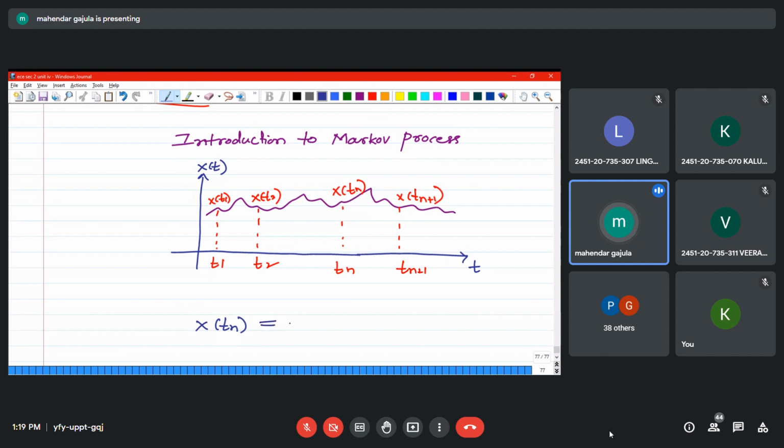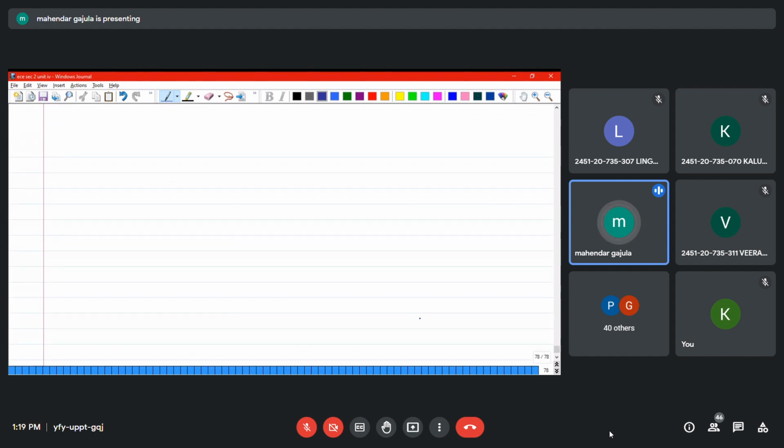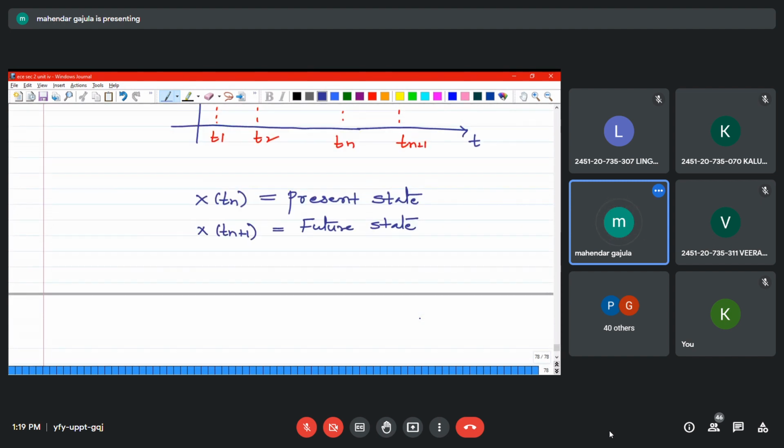I am taking this as a present state. At present, this is the random variable. X(tn plus 1) is a future state or next state. The Markov process discusses about future state. Does it depend on present state or previous states also?